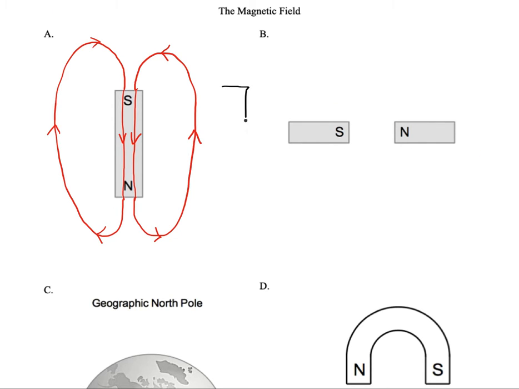Say we're able to break the magnet into two pieces. Magnets exhibit an interesting phenomenon that when they break, they can't be broken into single north or south poles. Whenever they break, a new north and a new south is created.